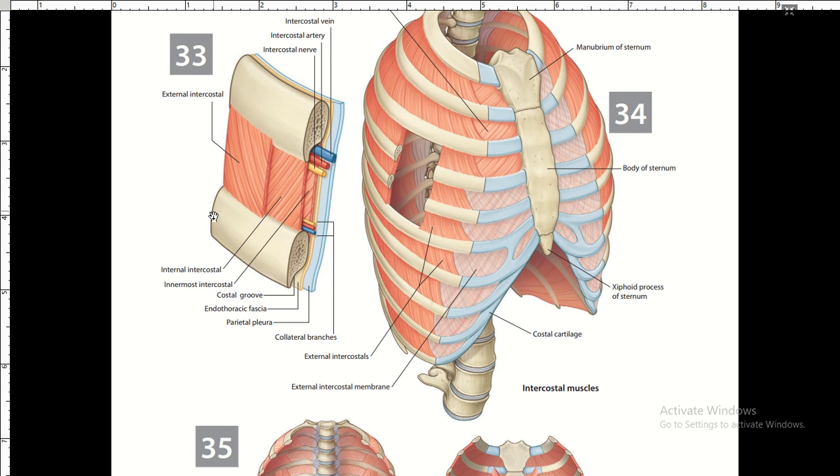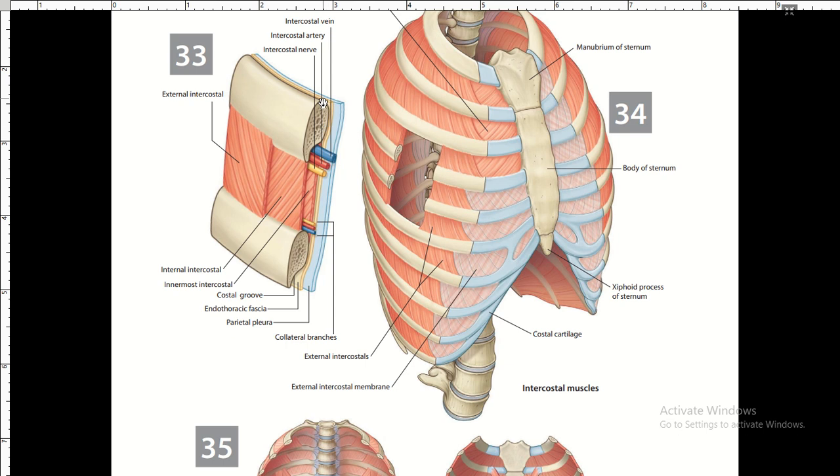So we said piercing a needle. If a needle is going to pierce, it pierces the skin, it pierces the superficial fascia, it pierces the muscles depending on its position. If it is anterior, it pierces the pectoralis major muscle, but if it is lateral, it's going to pierce the serratus anterior. And then it's going to pierce the external intercostal muscle, the internal intercostal muscle, and the innermost intercostal muscle.